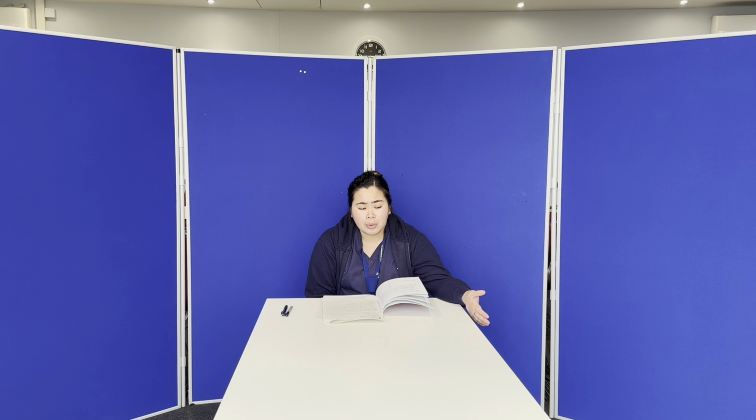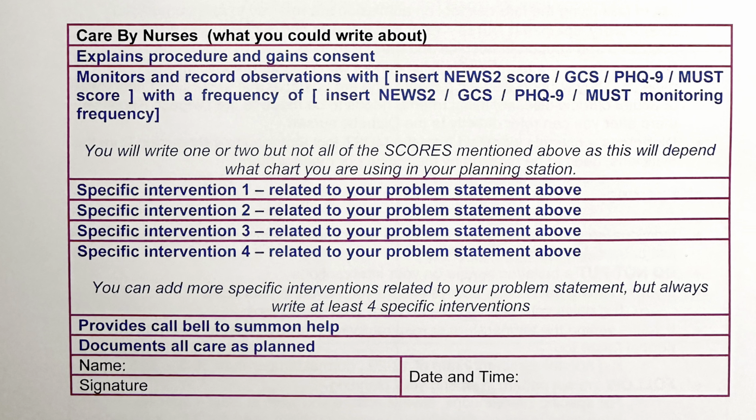So if you remember from what I mentioned earlier, step 1 to 8 and 9 will always be applicable to other care plans. That means step number 1 is explaining procedure and gains consent from Mira and her next of kin. My step number 2 is I monitor and record NEWS score of 0, minimum of 12 hourly, or when clinical condition changes, and escalate as per trust policy.